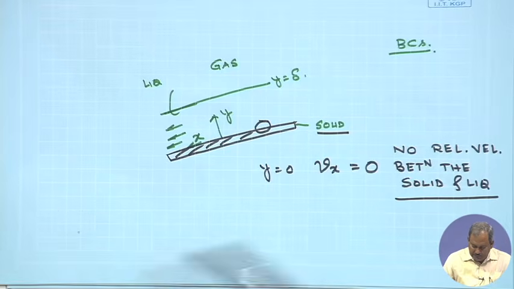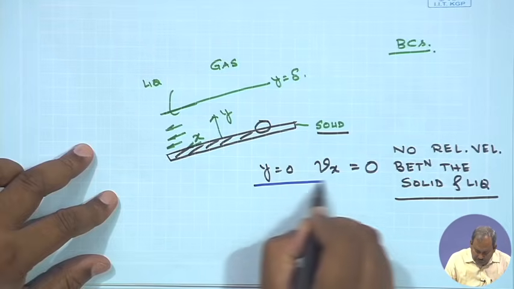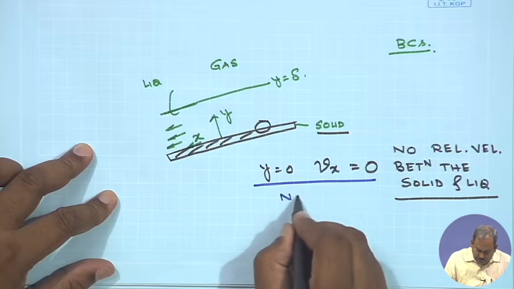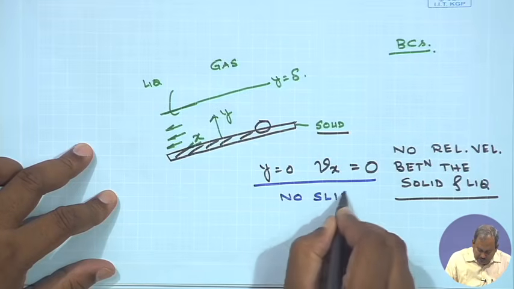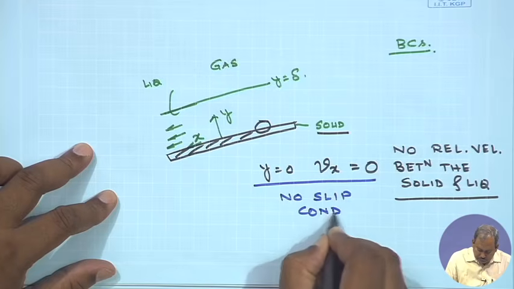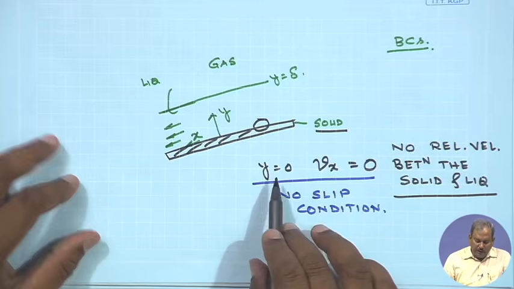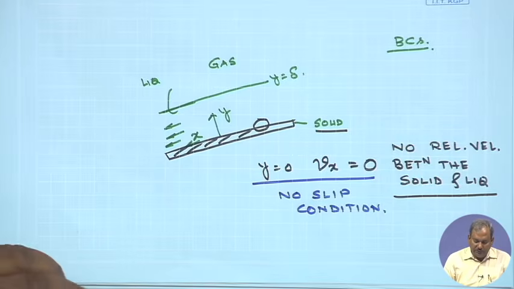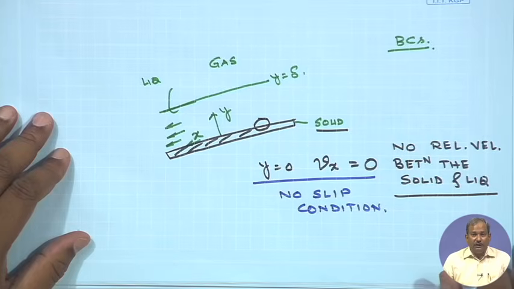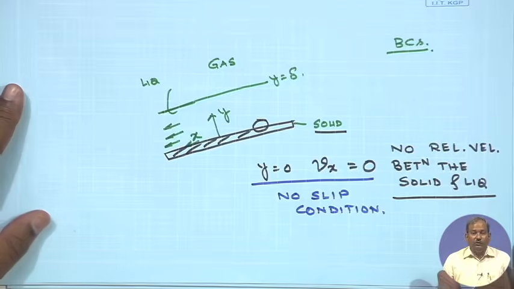This boundary condition is commonly known as the no slip condition. So, at y equals 0, Vx equals 0, that means at the liquid solid interface there is no relative velocity between the liquid and the solid, and it is commonly known as the no slip condition.